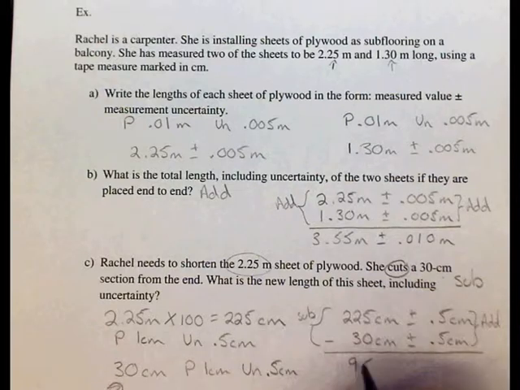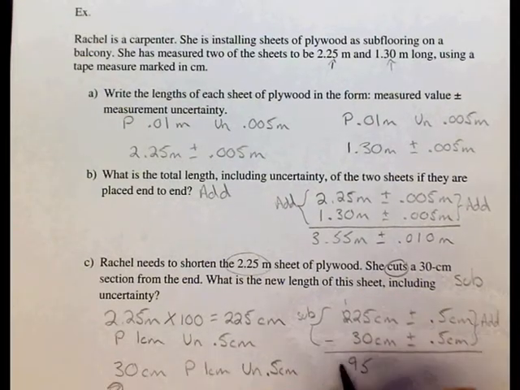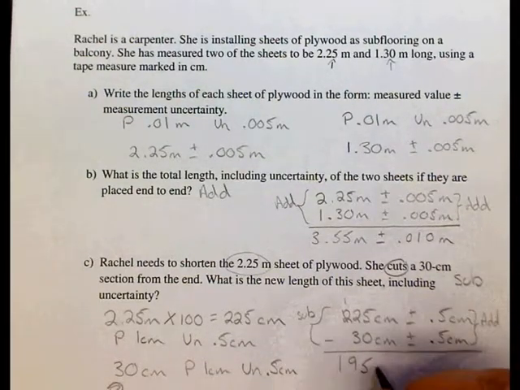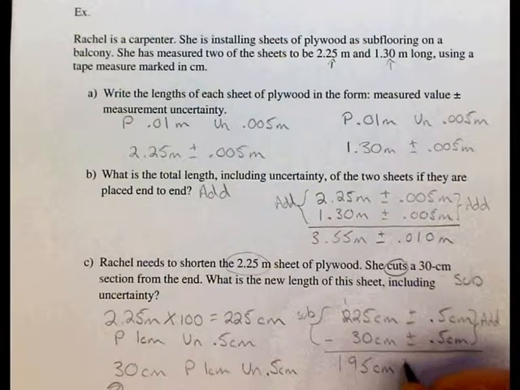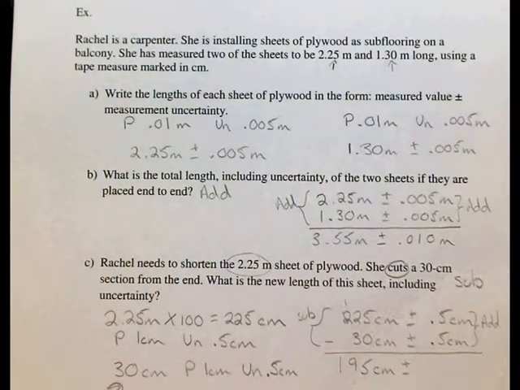That's a 9, after we borrow. 195 centimeters. Plus or minus my uncertainties, these get added together. 0.5 plus 0.5 is 1 centimeter. So my new measurement when I cut off my 30 centimeter piece is 195 centimeters plus or minus 1 centimeter.